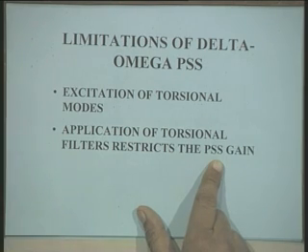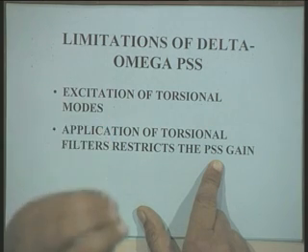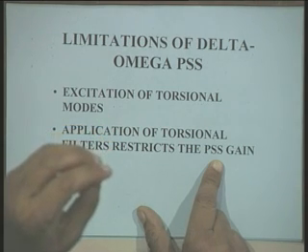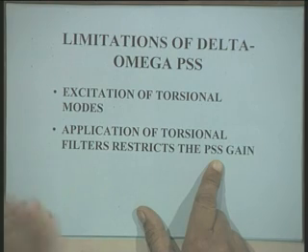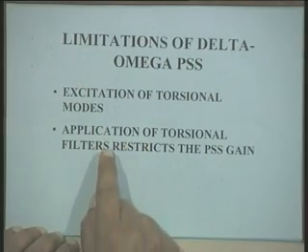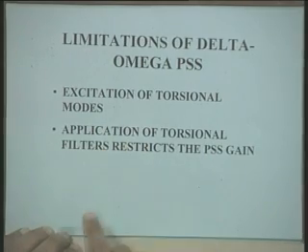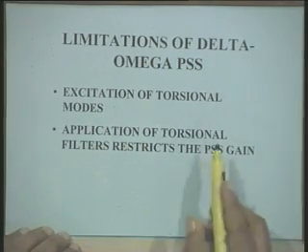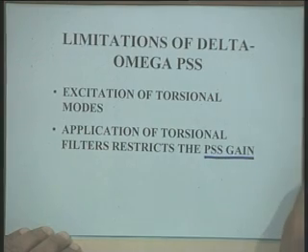But if you try to design the PSS so that you achieve the required damping for the electromechanical mode, then there are other problems: the possibility of excitation of torsional modes and the limitation on the PSS gain.